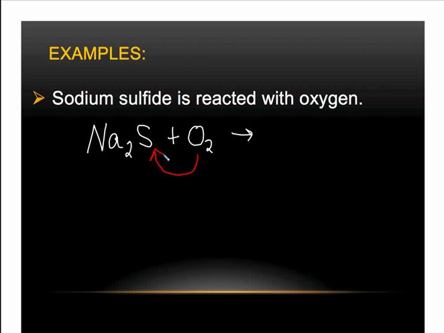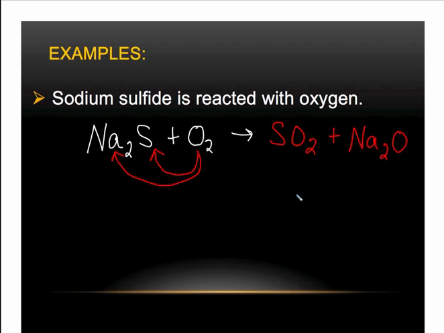So the rules tell us that when oxygen goes with sulfur, since it's not indicating limited or excess, I'm going to use the most common SO2. And then the rules also tell us that when metals go with oxygen, they make the metal oxide, so Na2O.